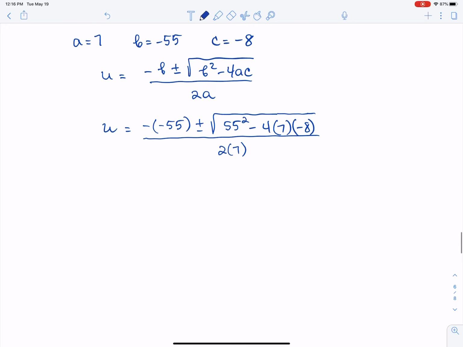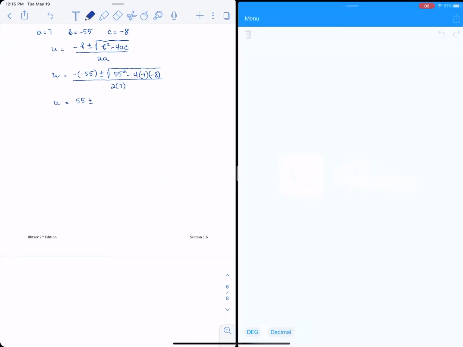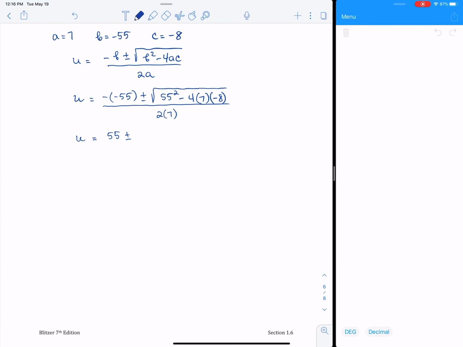Now I'm going to need a calculator here to be able to evaluate this expression correctly. 55 squared minus 4 times 7 times negative 8, and I want to square root that, and that's going to be 57, and 2 times 7 is 14.